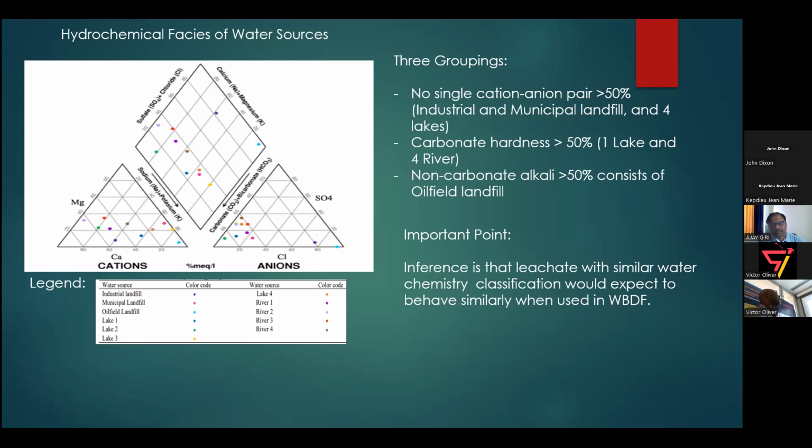Which means that in the leachate itself, there is no single cation, be it calcium or magnesium, or anion, nitrate or sulfate pair, which represents a concentration greater than 50% of the other cations and anions in that matrix. And carbonate hardness, the same thing, greater than 50%.